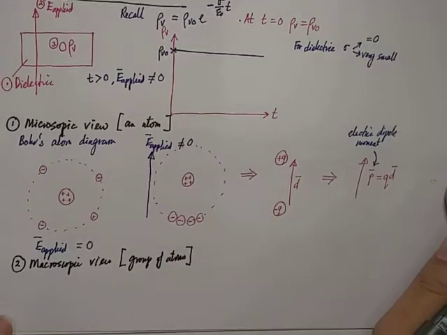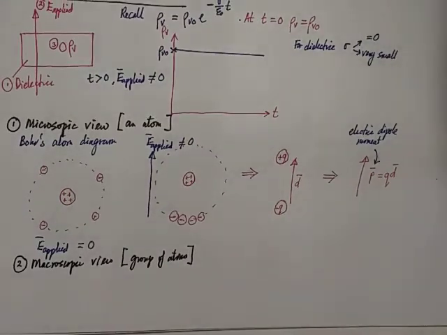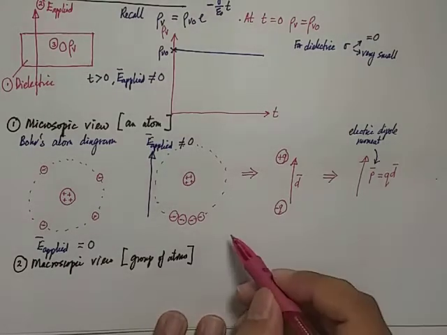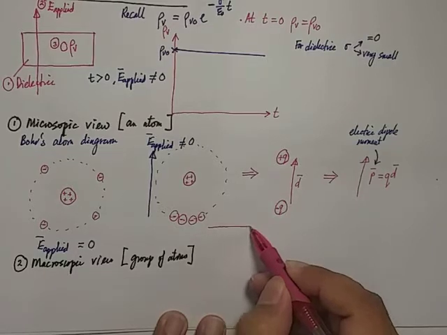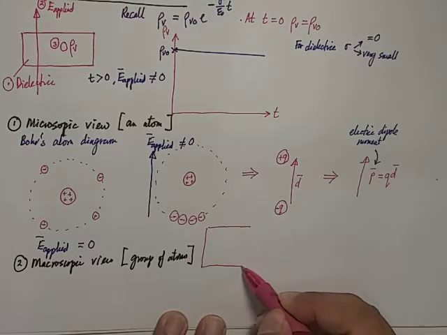That should be the logical step we're going to do, meaning what happens to the group of atoms. So let's say this is the structure that we have. Okay, this is the dielectric material.